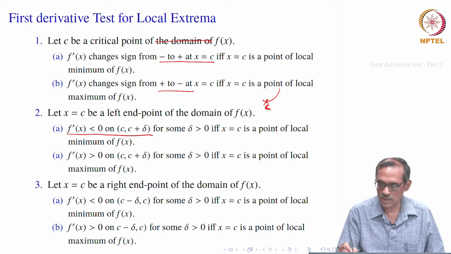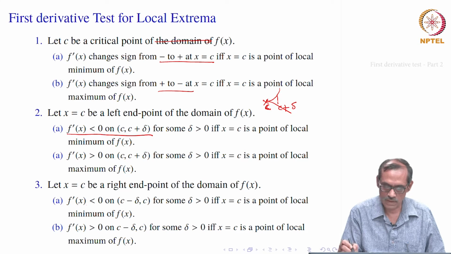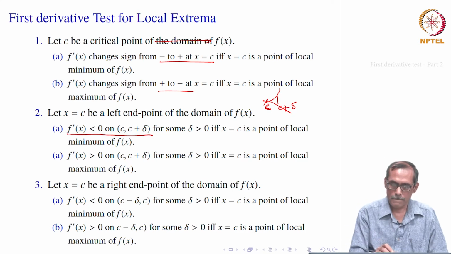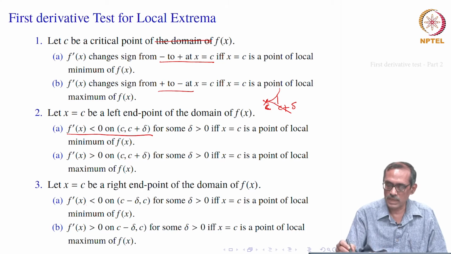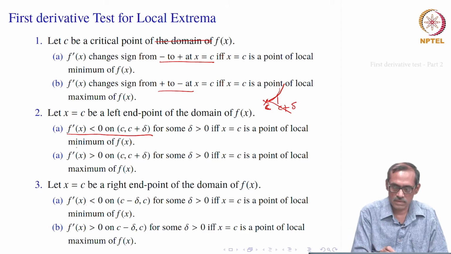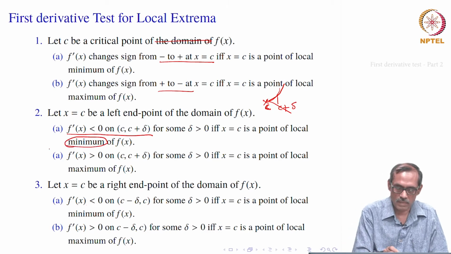This is your c, this is c plus delta. Here f prime is less than 0, so f will be decreasing. It would look something like this. And if f prime x is bigger than 0, then f will be increasing. Then it should be the other way around: this should be a local maximum and this should be a local minimum.